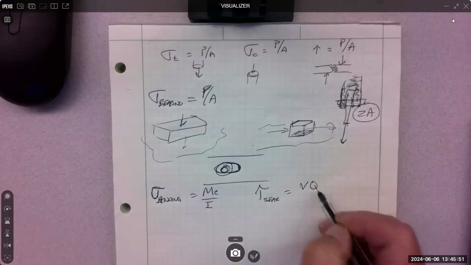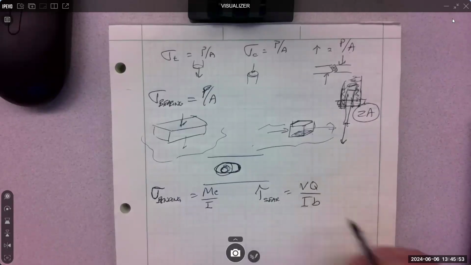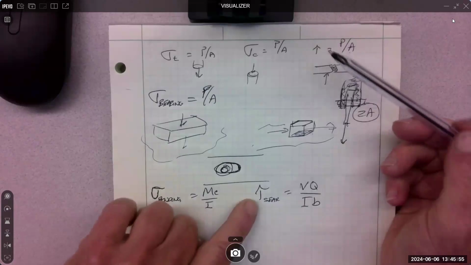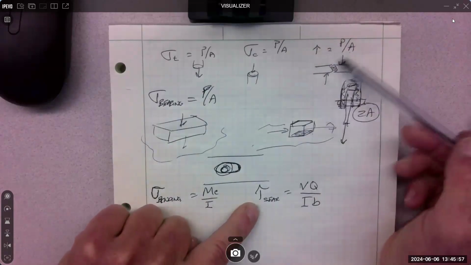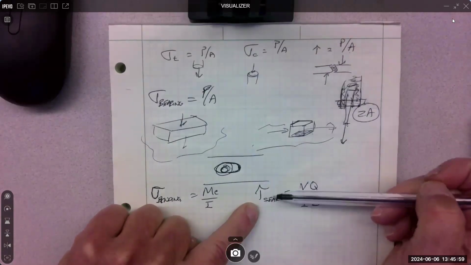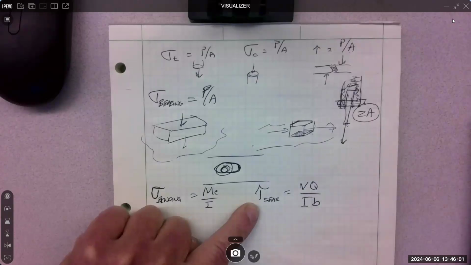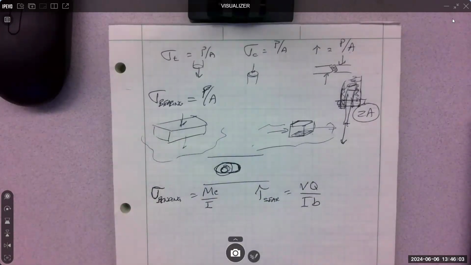Right, that was VQ over IB. So these are actually the same stresses. This is a shear stress going on up here, but this is a shear stress in a beam. So that's pretty common in engineering where we're gonna have one symbol for multiple things. We just have to know and kind of categorize it in our head.